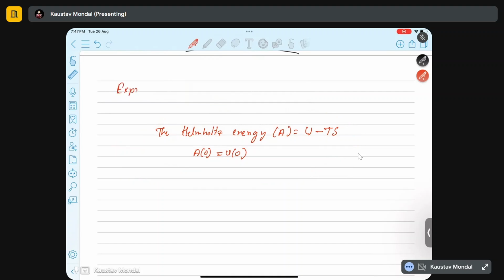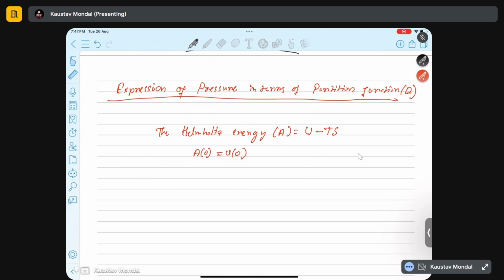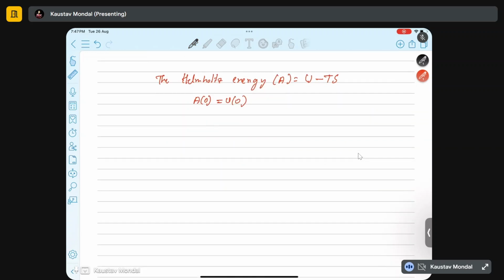Expression of pressure in terms of partition function Q. First we write the expression of the Helmholtz energy.